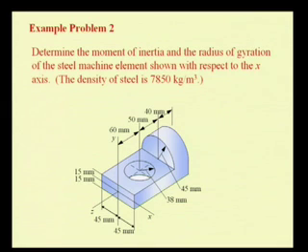So, here we have a machine element whose shape and various dimensions are shown. We are fixing the reference frame, that is x, y, z, to the front face of this base. We are interested to find the radius of gyration of this element with respect to the x axis, that is with respect to this axis.